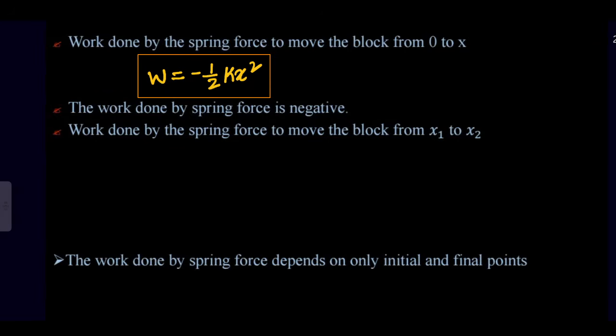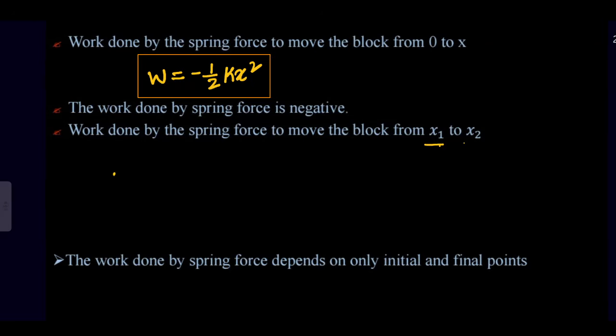Now let us consider that initially the spring has an elongation x1. I want to change from x1 to x2. Initial elongation is x1, final elongation is x2.